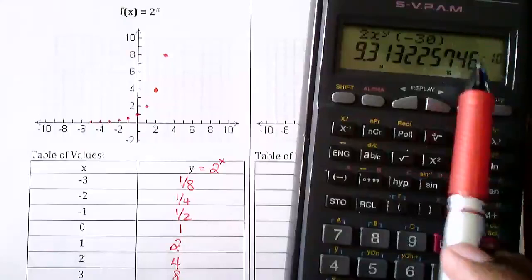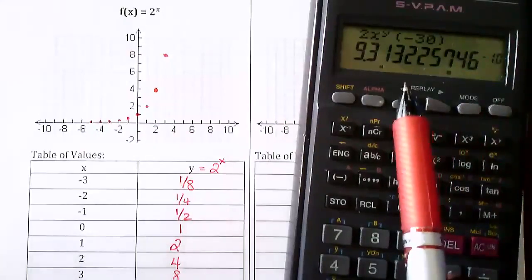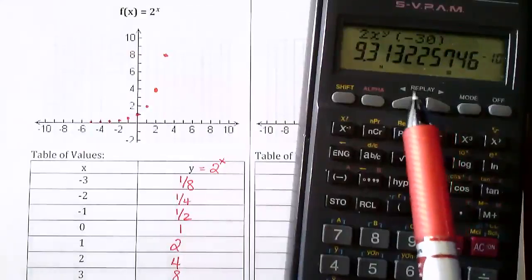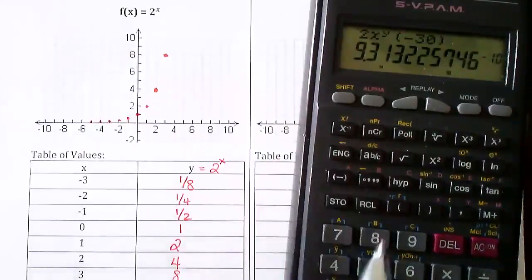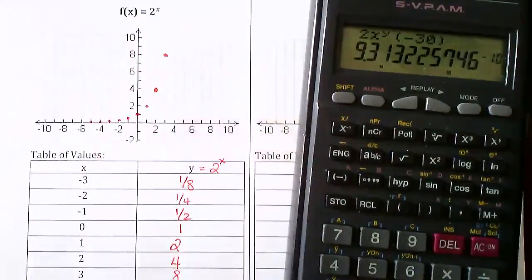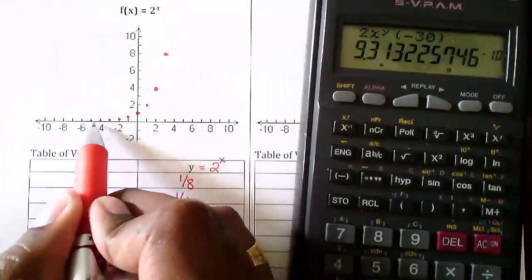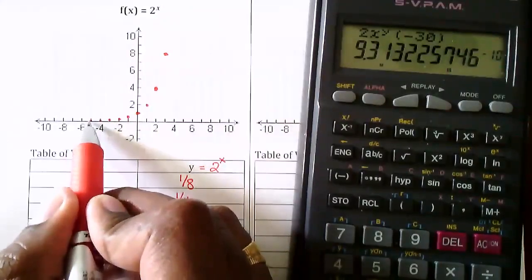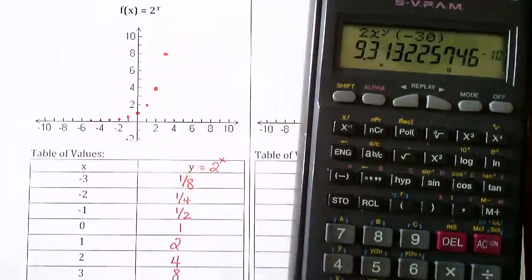It's 9.3 times 10 to the -10. So 0.00000000931. So what we see is no matter what number or negative number we put in to this x value, we never equal 0. We're getting closer and closer to 0 because each point over will be half the distance between this point and the 0, but we'll never actually reach 0.